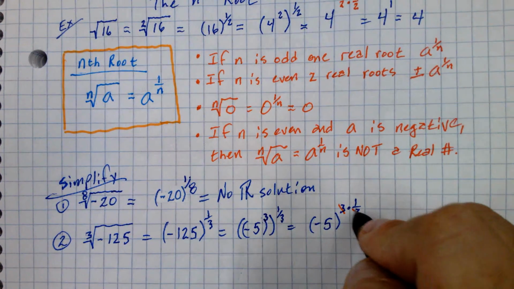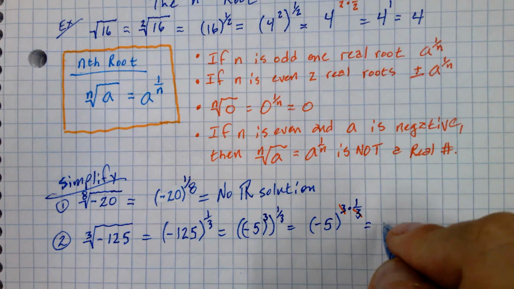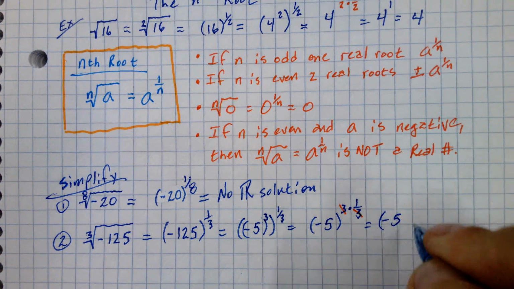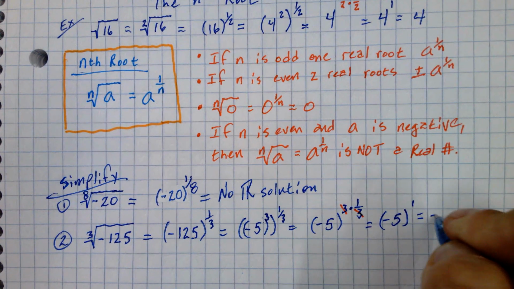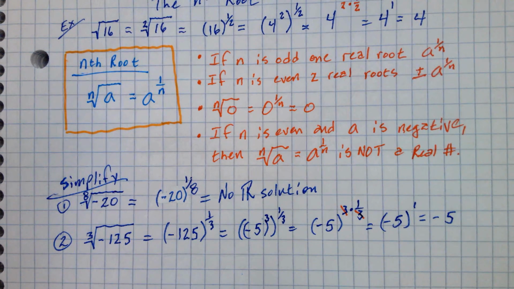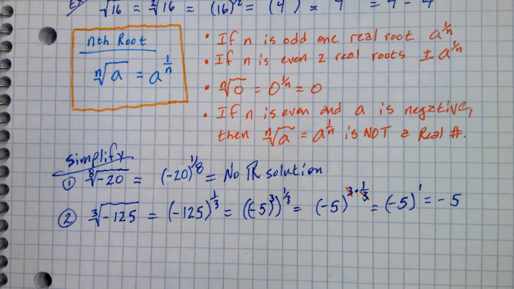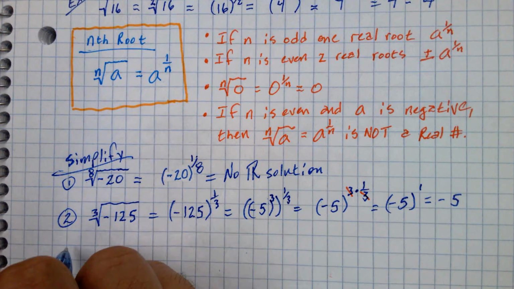If you want, you can cross cancel and show this is just negative 5 to the 1, which is just negative 5. Okay. Again, we're just showing how that works. Now, this one's going to lead to a new discovery.